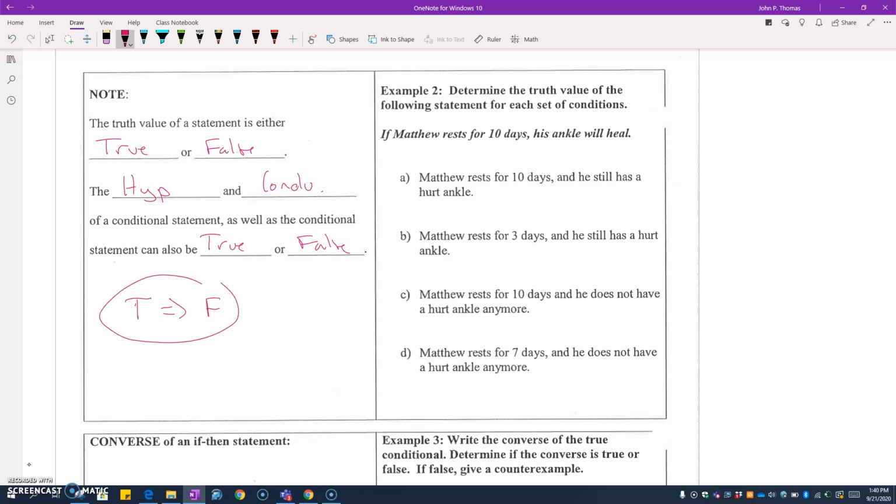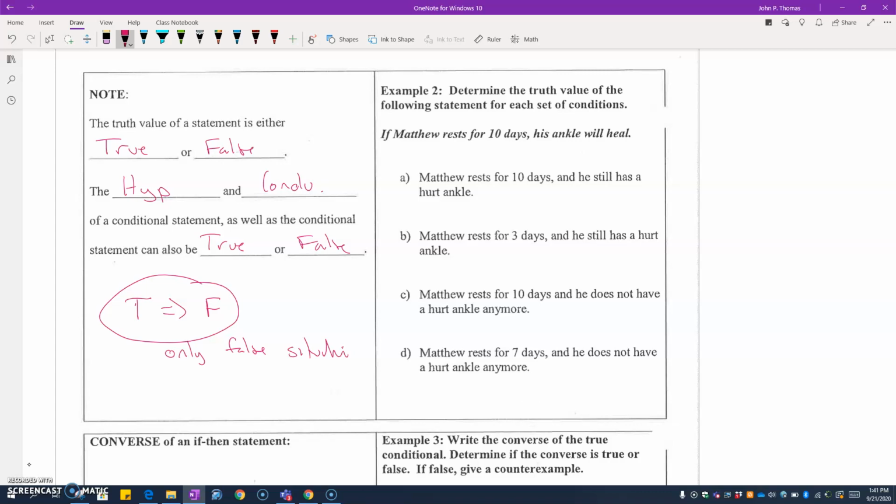All right, this would be the only false situation. All right, so if the hypothesis is false, we can't say anything about the conclusion. It might be true, it might not be. But if the hypothesis is true, then the conclusion has to be true for the statement to be true.